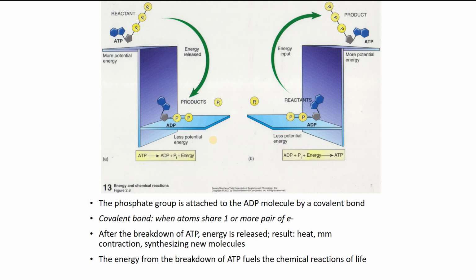So ATP, adenosine triphosphate, the phosphate group is attached to an ADP molecule. So ADP is adenosine diphosphate, di is 2. So you can see up here, here's an example of the ADP. Up here you're seeing the ATP, so there's your 3 phosphate bonds. This is a high energy bond, so if it's broken, you have energy that is released.